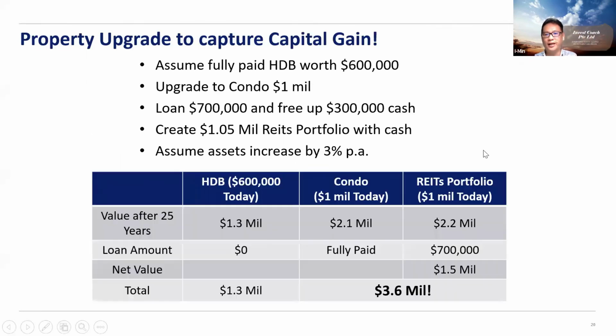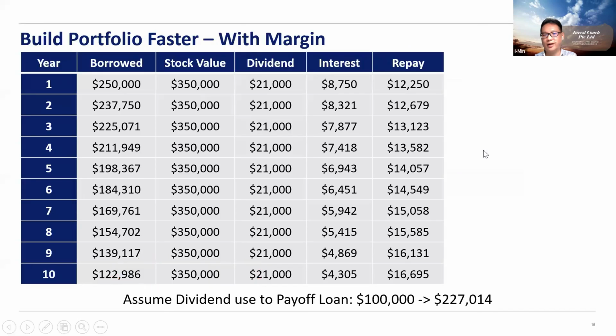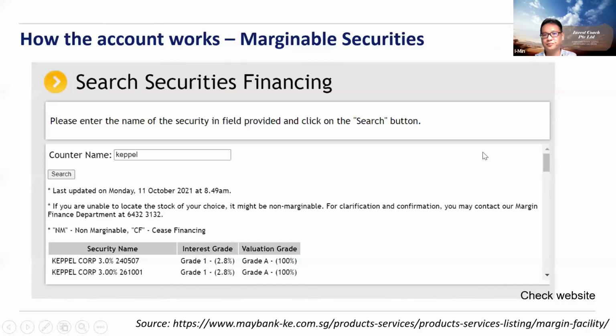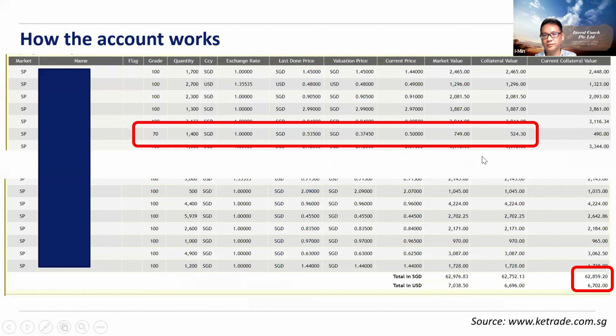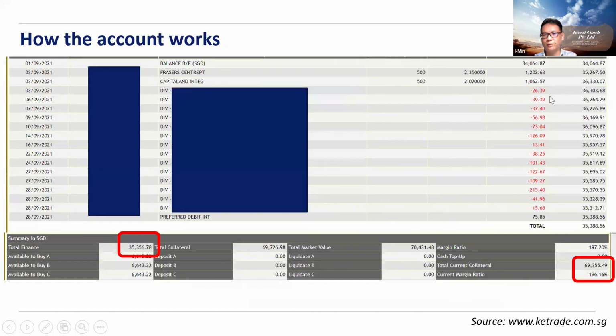This point is exactly what this diagram is showing you. Based on the design of the system, this dividend is actually forced to pay down my loan. Unless I go and take out the money, which I could, but if not, by the design of it, it is forced down. So it's actually very good. It's actually an accumulation system for me.